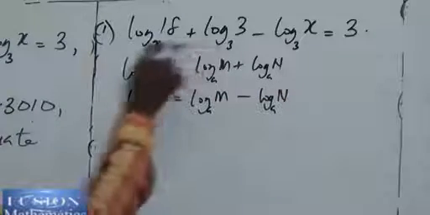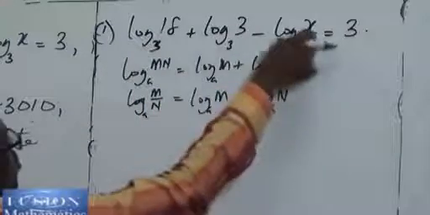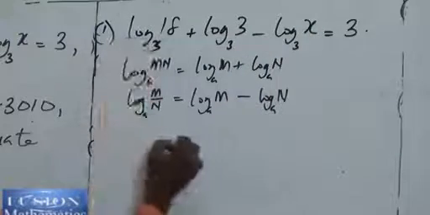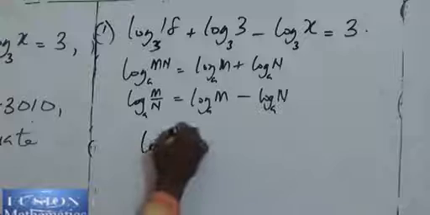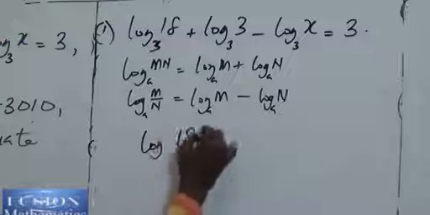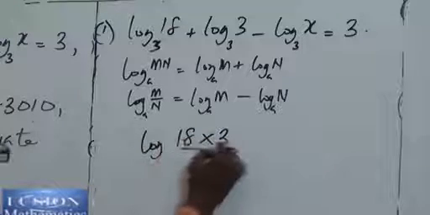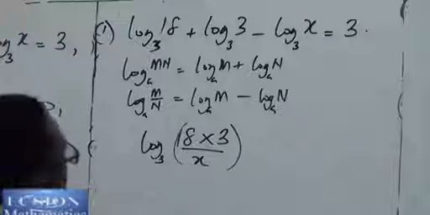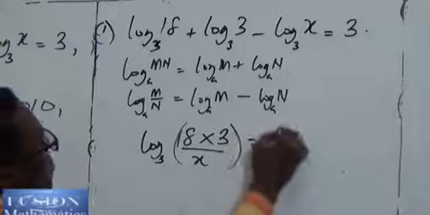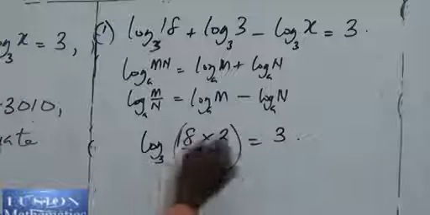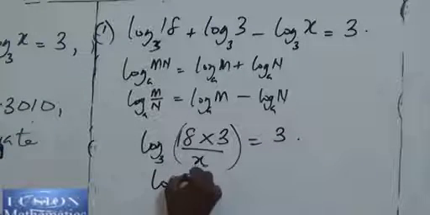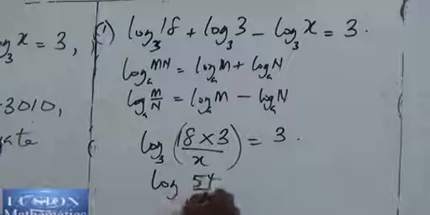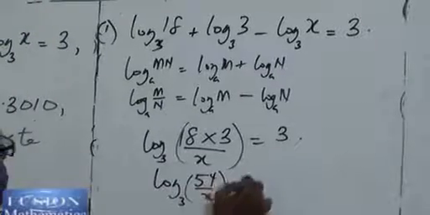So that means for this one it will multiply and this one will divide. So from the question we have log 18 multiplied by 3 divided by x all base 3 equals 3. When we multiply this we have log 54 all over x base 3 equals 3.